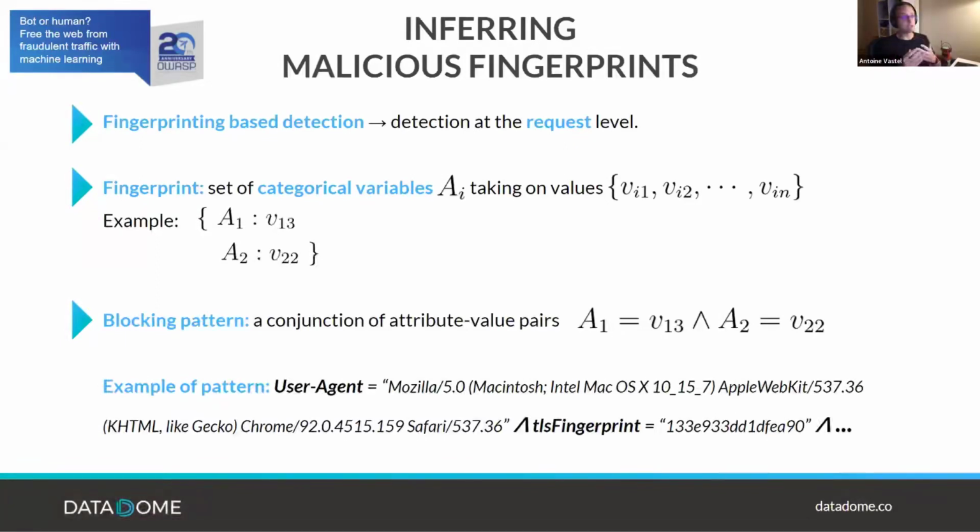What we call a blocking pattern is simply a conjunction of attribute value pairs. To give you an example, it could be something like user agent is Chrome 92 and TLS fingerprint equal 133 in 93 and other attributes. So we can add as many clauses as we want to generate the patterns linked to malicious activity.